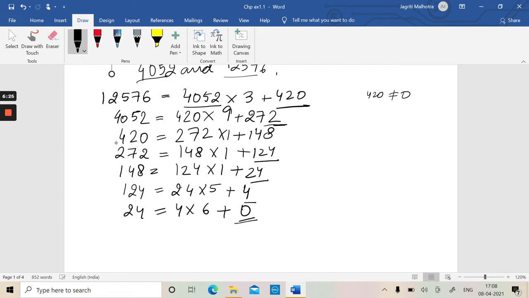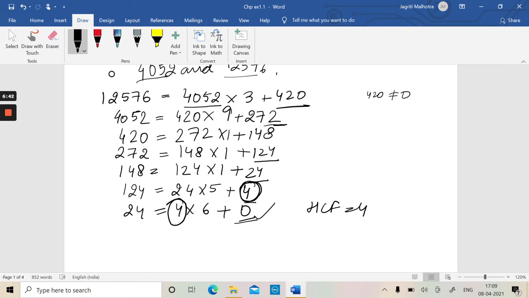This time our remainder is 0, that means our HCF is 4, because it was the last remainder we had before the remainder became 0.